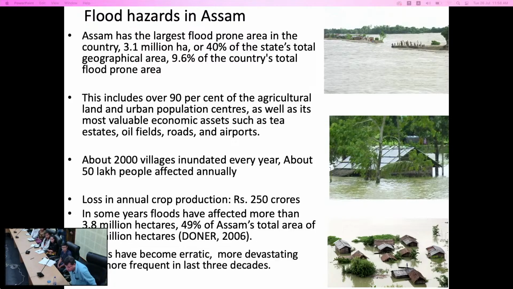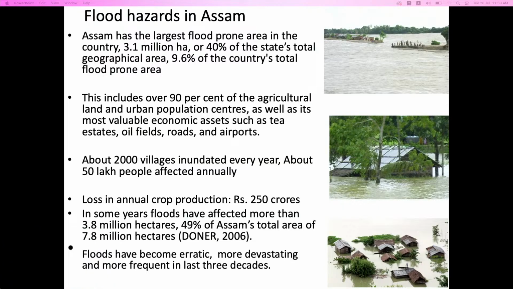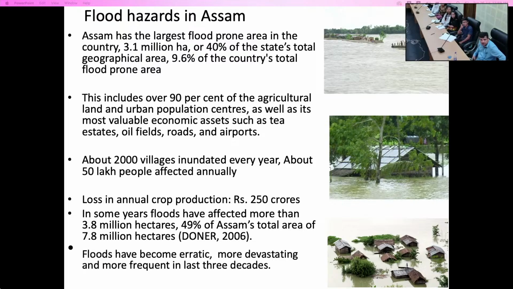Out of that I will read only one. Assam has the largest flood prone area in the country. It is 3.1 million hectare. Can you convert it into square kilometer? 31,000 square kilometer, by the way. Which is 40% of the state's geographical area.